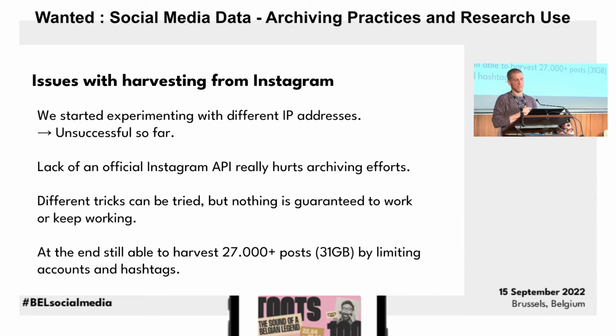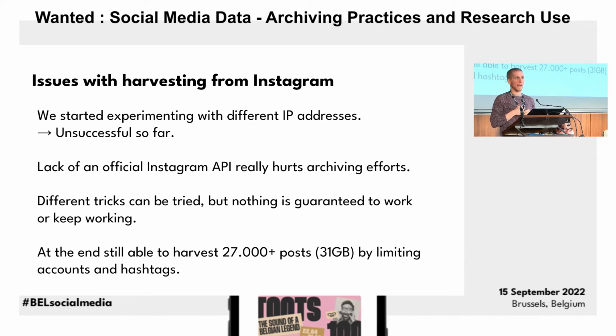We also started experimenting with using a different IP address, which is like an identification of your machine that you're running the tools on. That was not so successful so far, but it's also a combination with the delays with the accounts, so that was not that easy to incorporate.